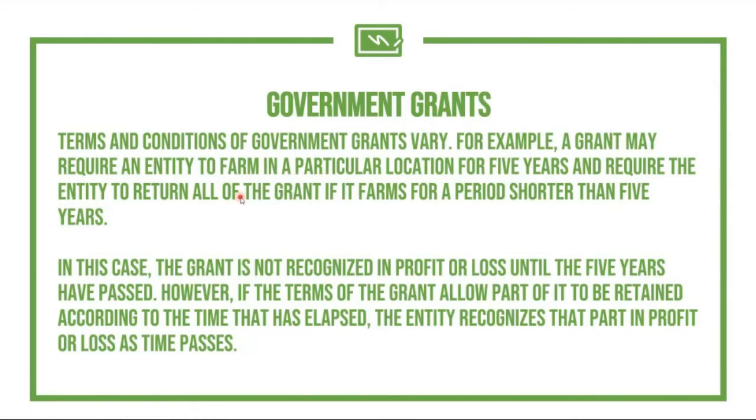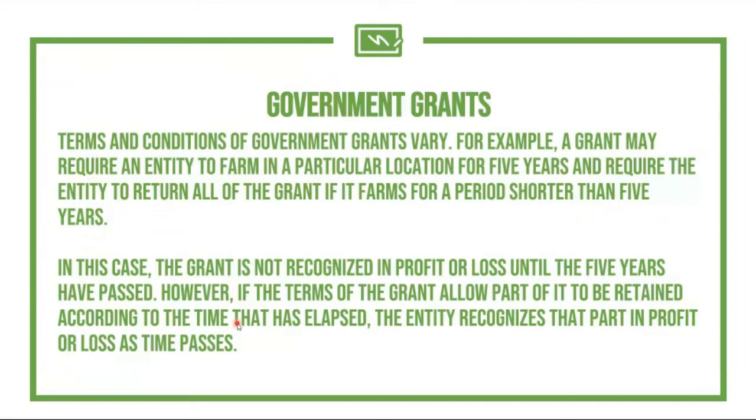But in case you can earn the biological assets based on the time or the services that you have already provided, if we still have the 5-year period, 20 million divided by 5 years is 4 million per year.